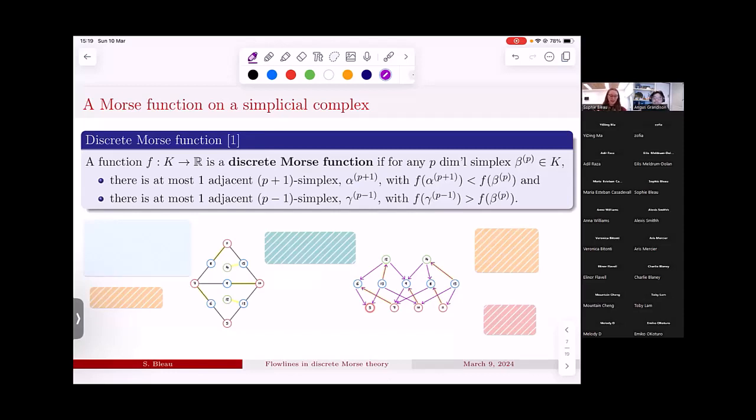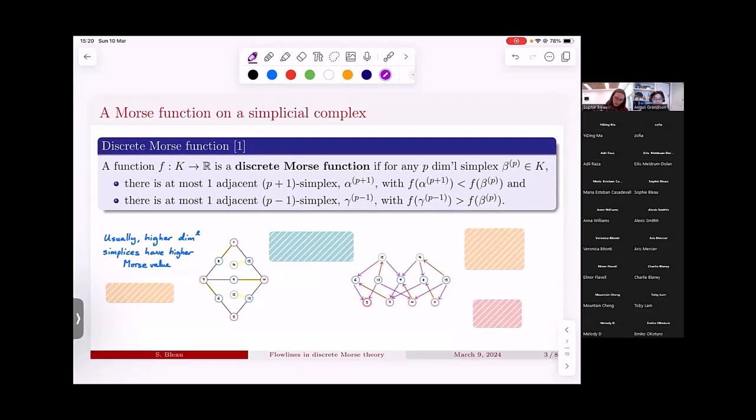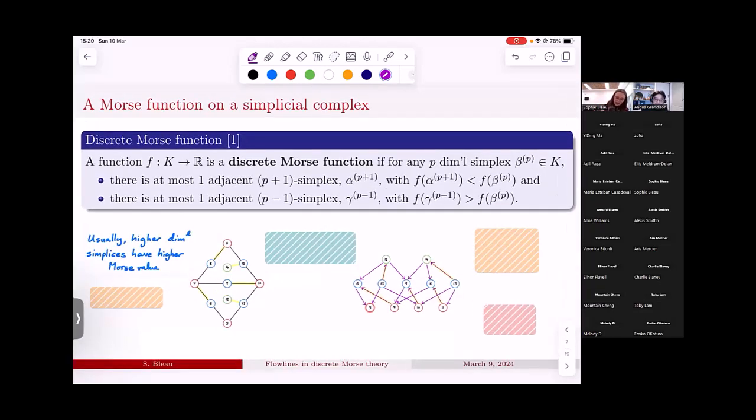Basically what it's saying is that in general, higher dimensional simplices have higher Morse value, except that you can have one exception per simplex. For example, this 8 here is an edge, and this 11 is a vertex. Vertices are lower dimensional than edges, so we expect them to have lower Morse value than 8. But this is an exception, which we are allowed one exception per simplex.